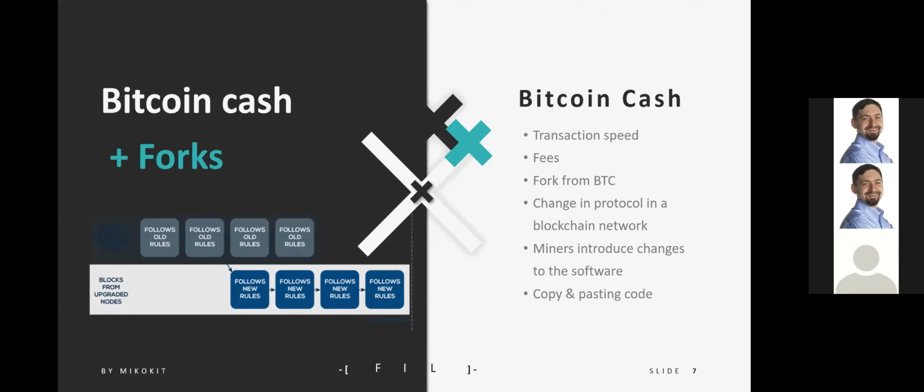In terms of the currency of Bitcoin Cash, its advantage is that it has a much higher transaction speed. Bitcoin has third-party services and advancements like the Lightning Network, which allow transaction speed to be much higher.